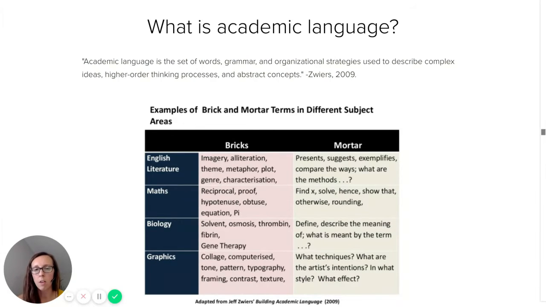Mortar terms are actually the terms, the phrases, that surround bricks and can be used in a variety of different contexts, but mean specific things when they're in our specific content areas. So for example, there are a few here that I wanted to point out. The term find x, that means something in math.